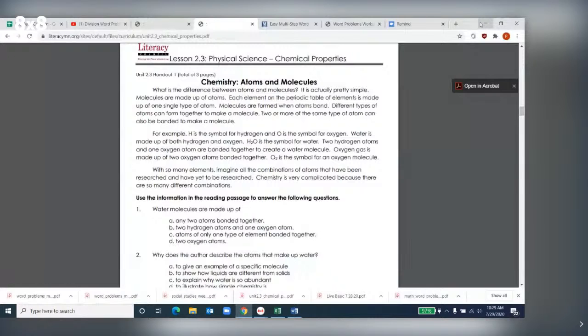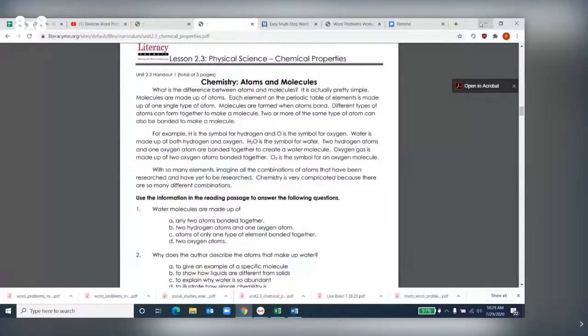And what is the main idea of this passage? Bonded atoms make up molecules. It would be basically A, okay? So number 6, what makes up a molecule of oxygen gas?